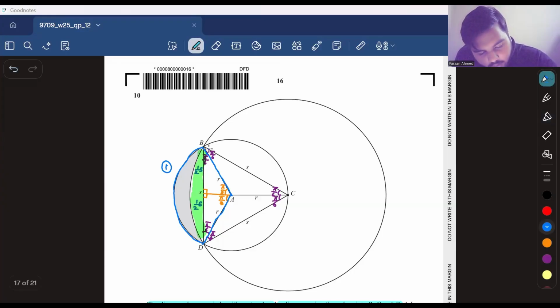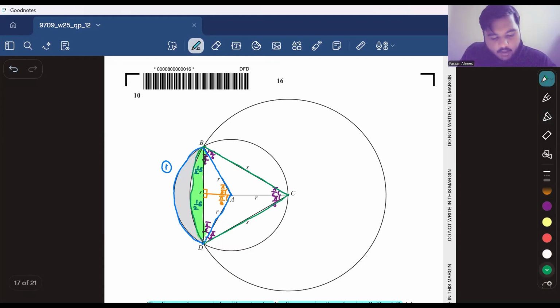So this is the area of big sector. This is the area of big sector. We have to subtract from this the area of big triangle. So the area of big triangle is this thing.